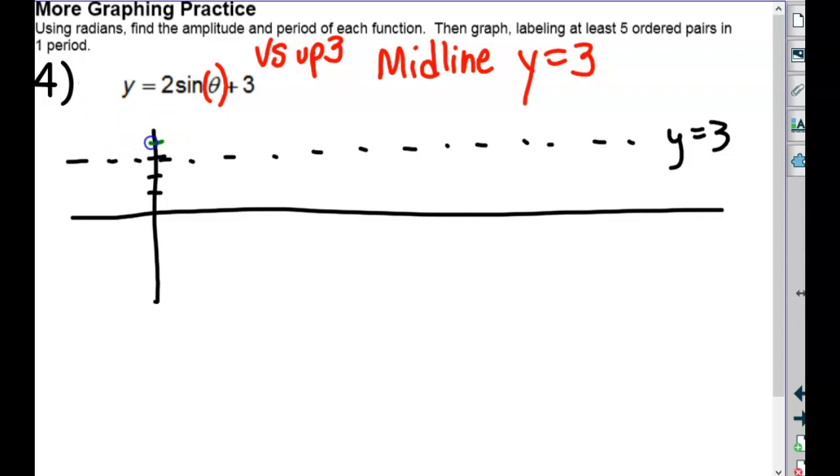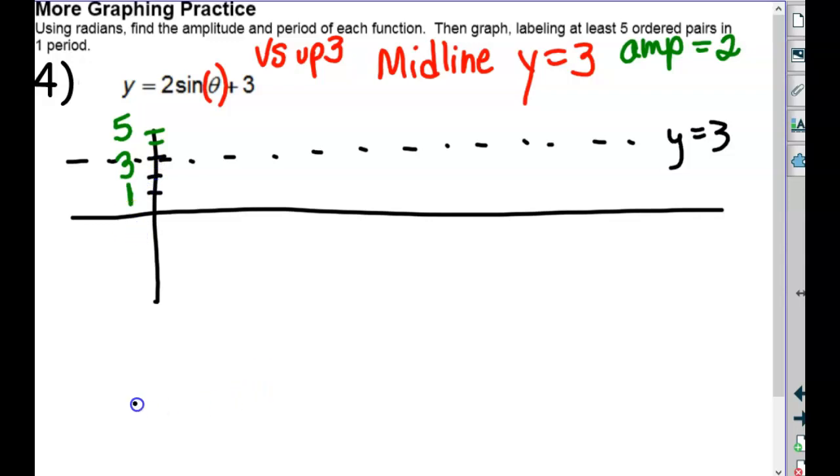And then how far above and below that am I going to go? 2. Amplitude is 2, right? It said here. So 3 plus 2 is 5, and 3 minus 2 is 1.